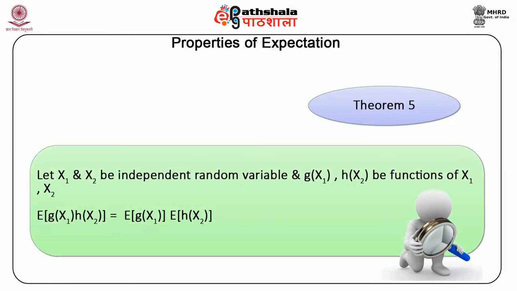Theorem 5. Let x1 and x2 be independent random variables and g(x1) and h(x2) be functions of x1 and x2 respectively. Then E[g(x1) h(x2)] is equal to E[g(x1)] times E[h(x2)], provided that the expectations exist.